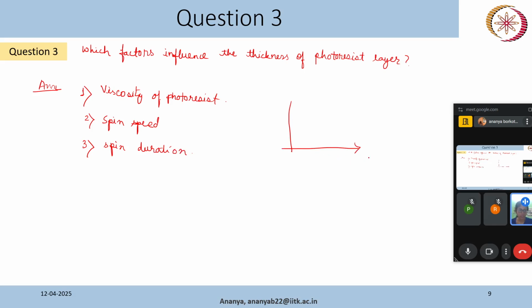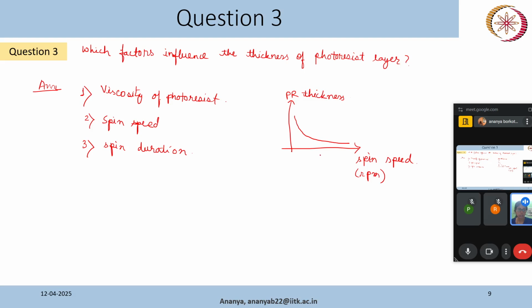The x axis will be spin speed, given in rpm, rotation per minute, and the y axis will be photoresist thickness. Say this is for a certain duration. Oftentimes this graph will saturate at very high speed. So viscosity is the key point here.